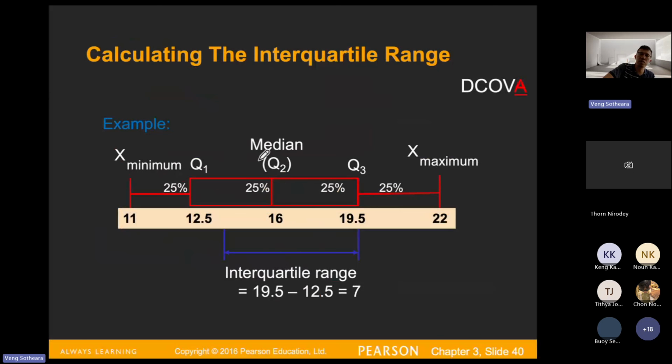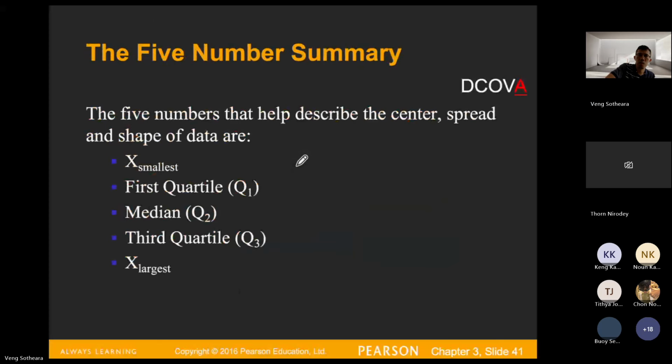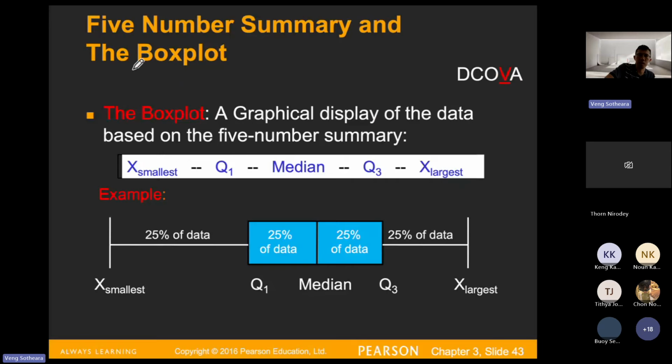Q1, Q2, Q3, and also the X minimum and the X maximum, to construct a special graph. Okay, this is called a box plot.